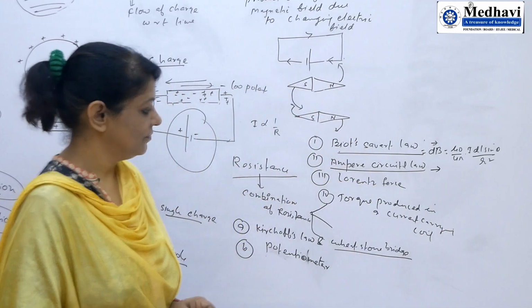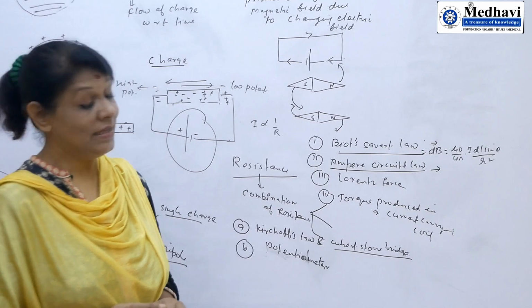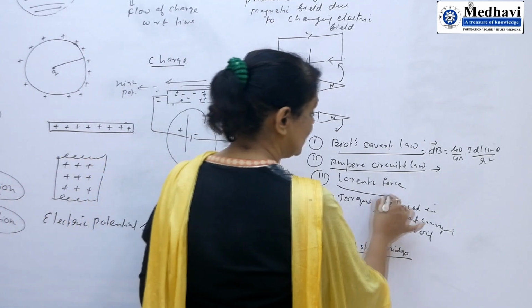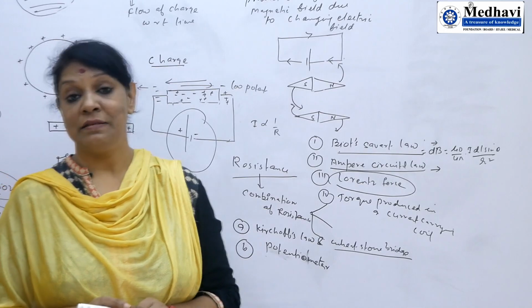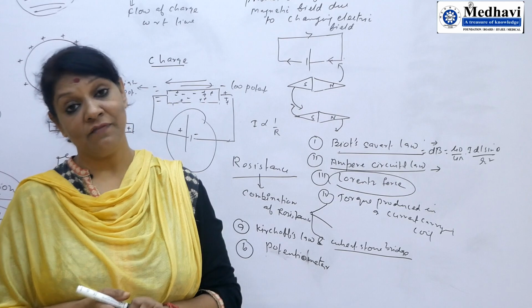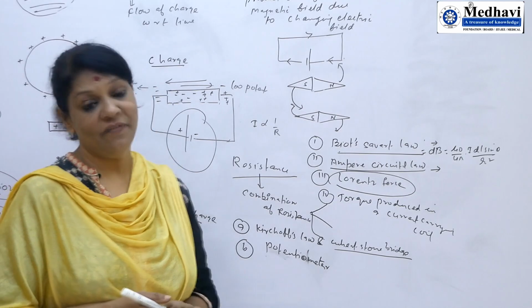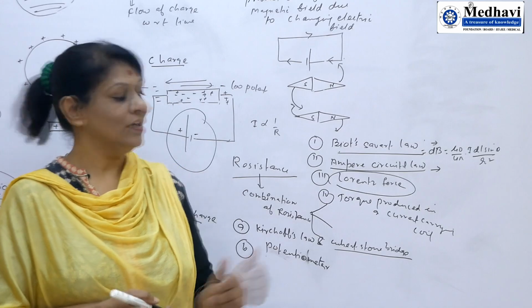Very important. If you have to study the cyclotron, in the cyclotron we have to study Lorentz force. Lorentz force is the combined force of magnetic and electric field. When there is a magnetic field and electric field, then its combined effect is called Lorentz force. So the cyclotron part we have to focus on in this branch.